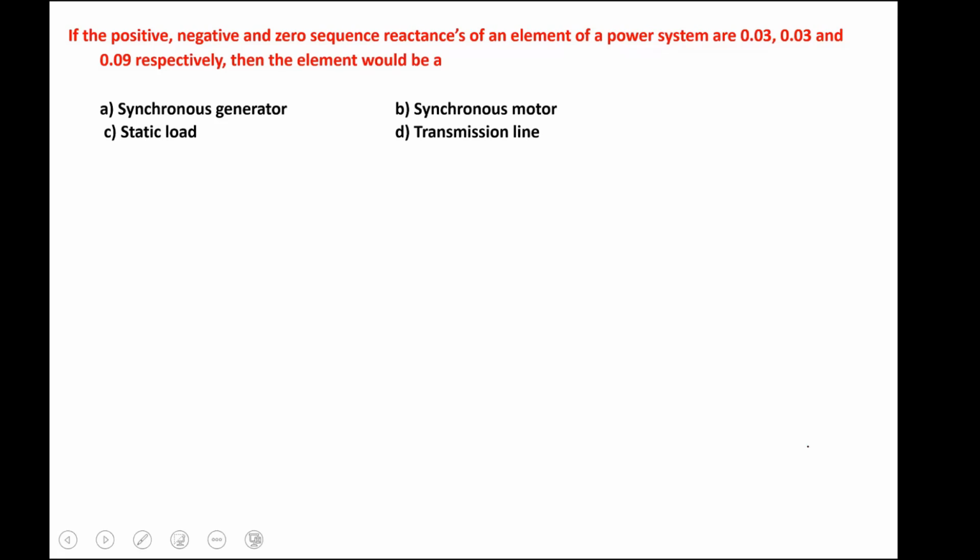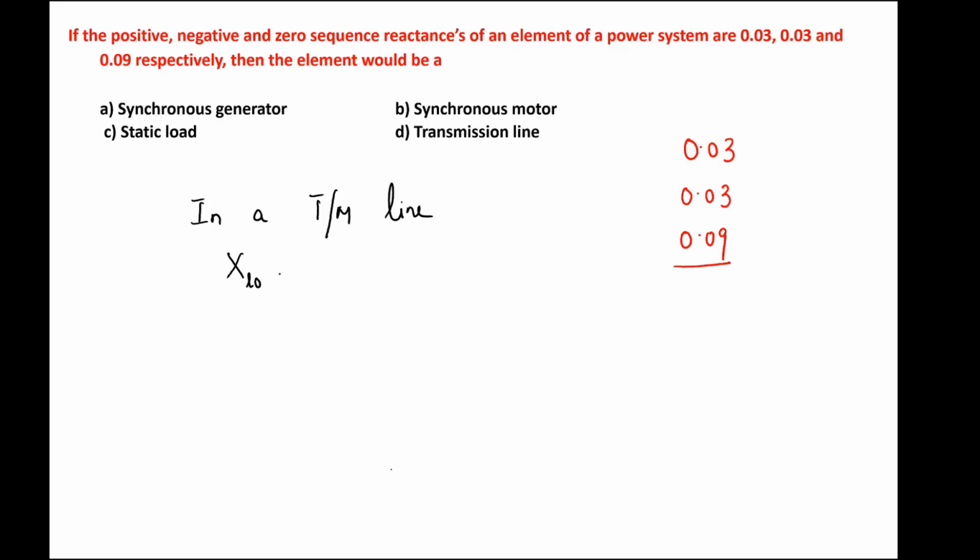The positive sequence value is 0.03. The negative sequence value is 0.03. The zero sequence value is 0.09. What can be that element? In a transmission line, XL0 is equal to 3 times XL1 or 3 times XL2, and XL1, the positive sequence reactance, is equal to the negative sequence reactance, and the zero sequence reactance of a transmission line varies from 2.5 to 3.5 times XL1.